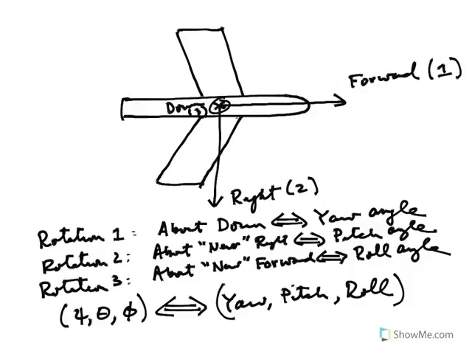That's the sequence, yaw, pitch, roll, aircraft Euler angles. As I said, there are other Euler angle sequences. This is for aircraft. For spacecraft, there's a different set of Euler angles often used, called 3-1-3 Euler angles. There's also 1-2-3, there's 2-1-3, all different permutations of a three-angle sequence that can be used. But this is a very commonly used Euler angle sequence, which is why it was studied in this lecture.